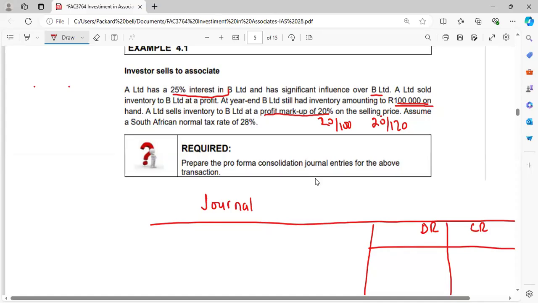The profit can only be realized when the inventory has been sold to third parties. So the inventory that is still there contains unrealized profit, and we have to eliminate the unrealized profit.